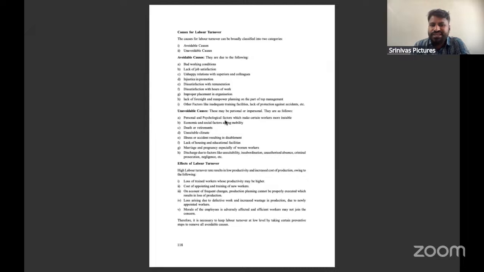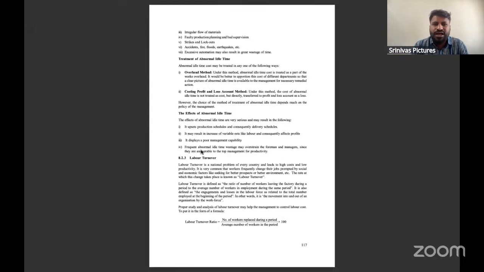These include personal and physical factors, economic and social factors, death or retirement, unsuitable climate, illness and accidents. These are factors which we are not able to avoid. Also irregular flow of material, faulty production planning, strikes and lockouts, accidents, fires and floods.